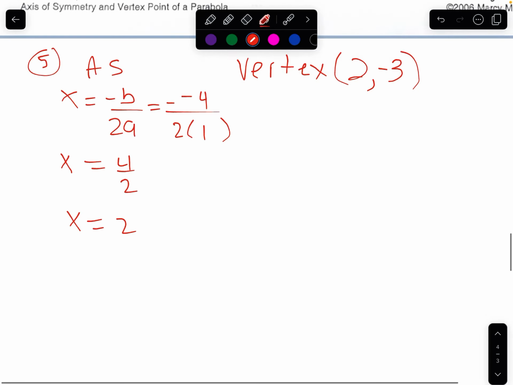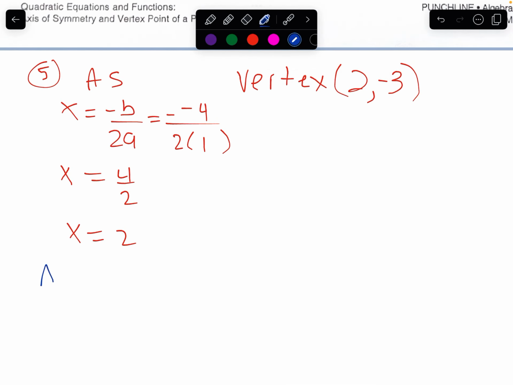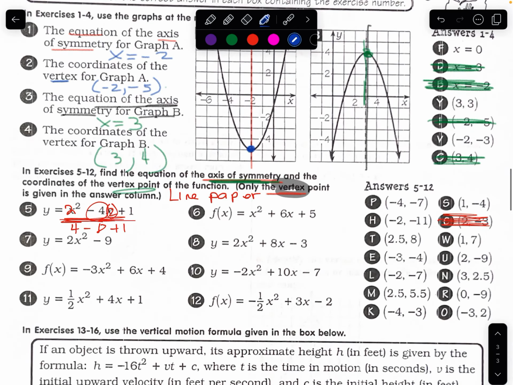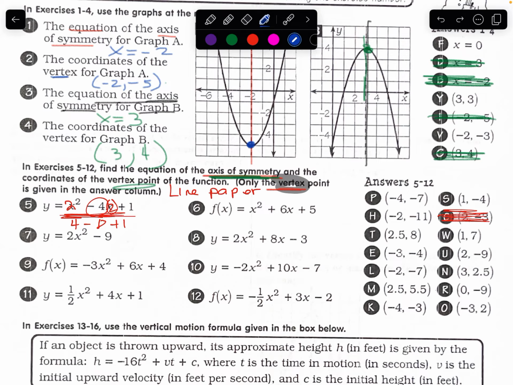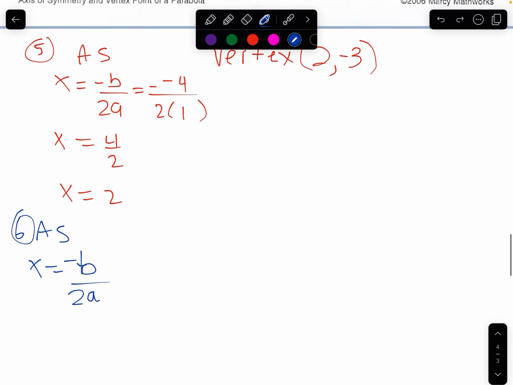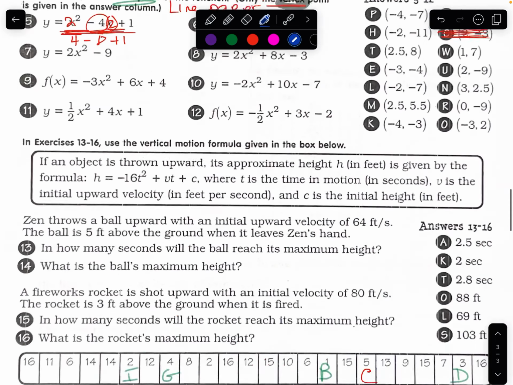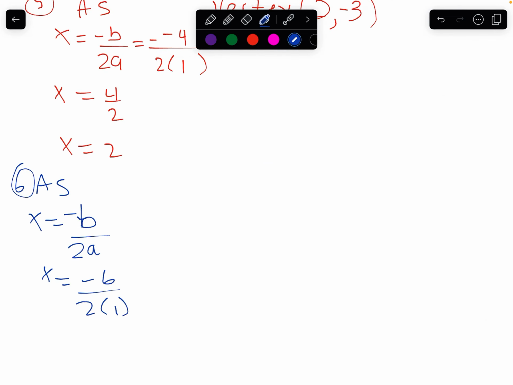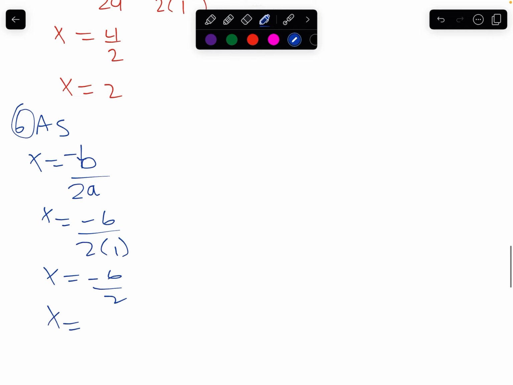Number 6, axis of symmetry for number 6. Again, formula x equals -b over 2a. It's 6, so -6 over 2 times a, which is 1, which gets you x equals -6 over 2, x equals -3.